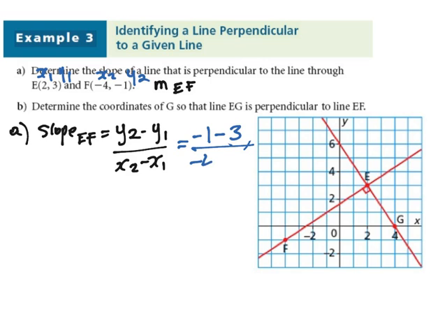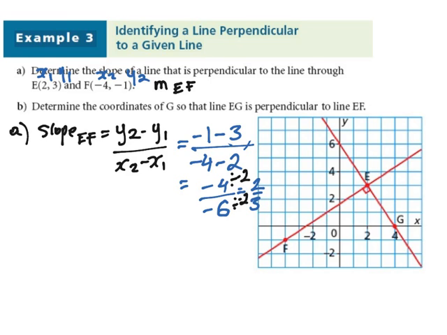So our slope turns out to be negative 4 over negative 6, which is 2 over 3. That's the reduction part, dividing by negative 2 to get that value. Or negative divided by negative is positive, and then we just divide by 2 on both sides of the fraction.